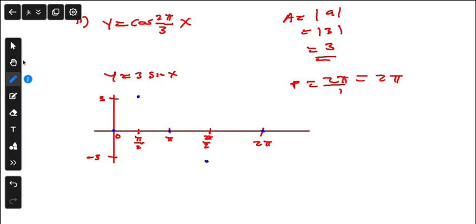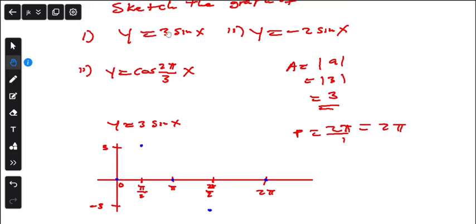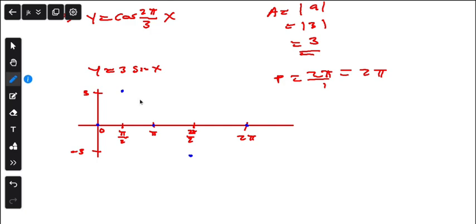Now there is something which I want to show you. What is the sign here? It is positive. Here the sign is positive. That's the reason why it is coming out like this. Now if here we have the negative, we are going to look at it in this question so that you understand what I'm talking about.